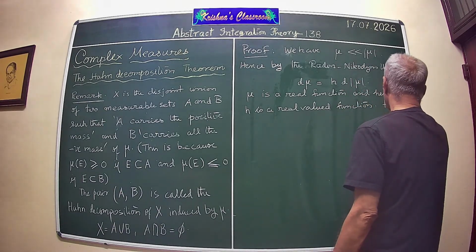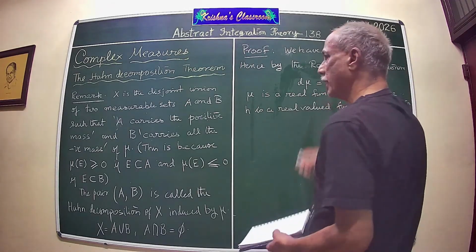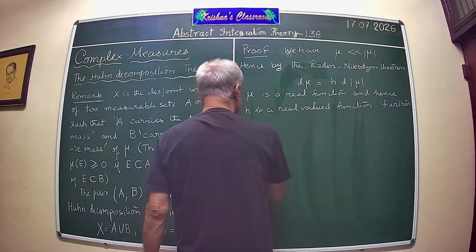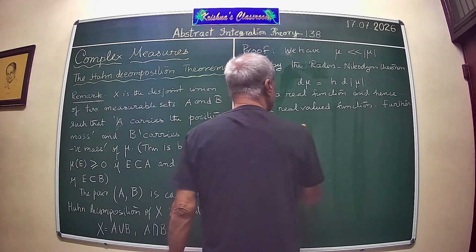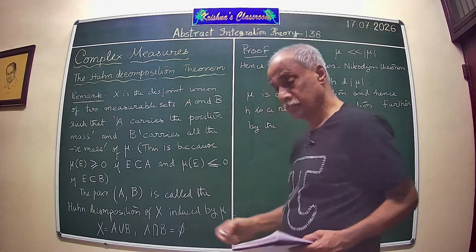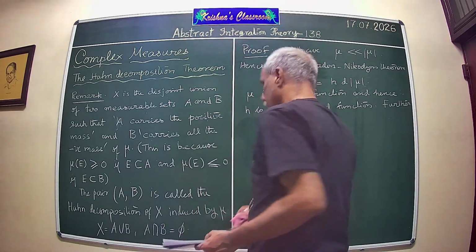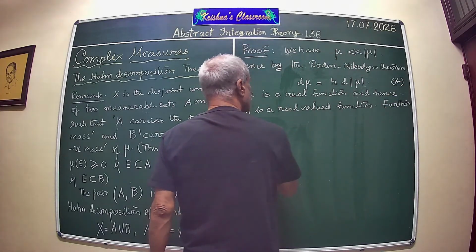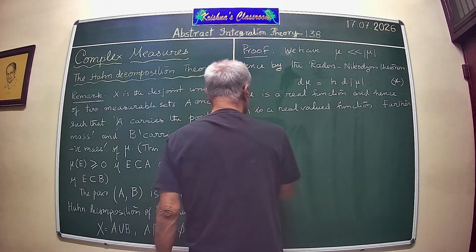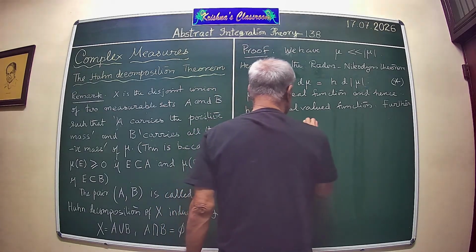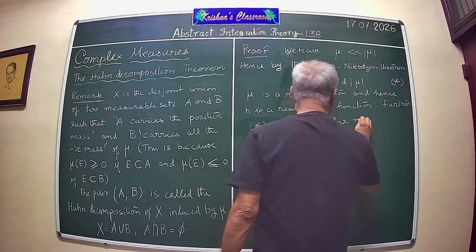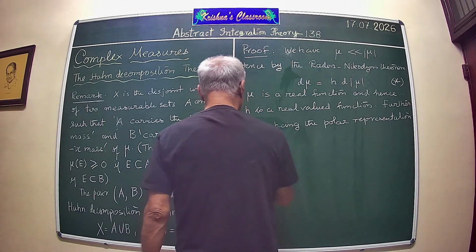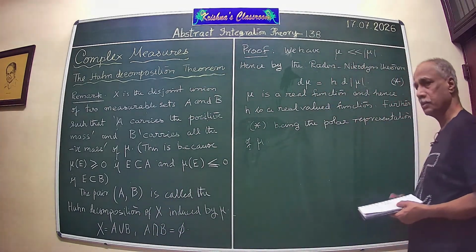Further, we have seen that this is the polar representation of mu, and therefore, by what we proved last time, what do you get?